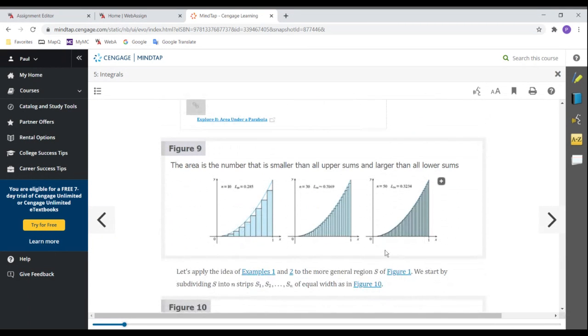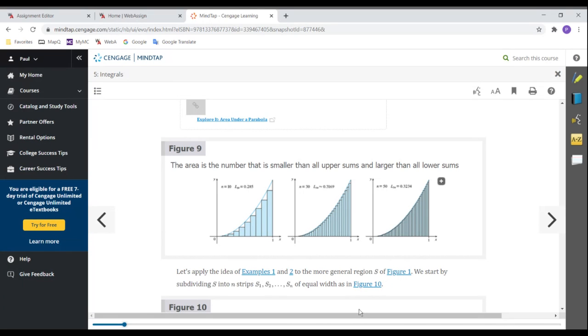Okay, and you know, here in figure 9, on the right picture, they have 50 subintervals, and it's getting to where adding up the areas of the rectangles is basically indistinguishable from the area under the curve.